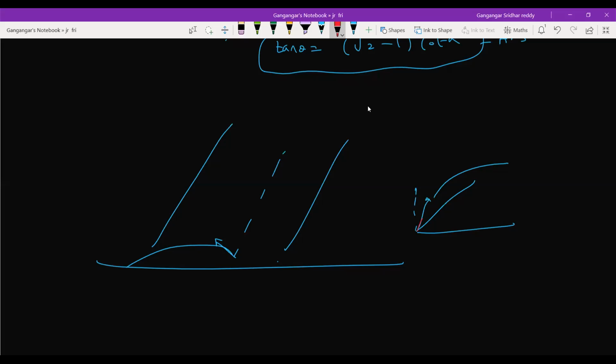If your velocity is in this direction, how is it possible for the trajectory to be like this? The diagram appears theta plus alpha more than 90, so I made theta plus alpha less than 90, so that you should not get confused.